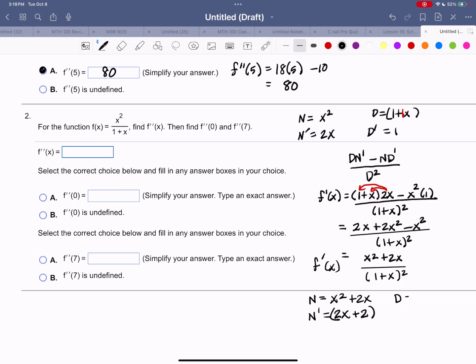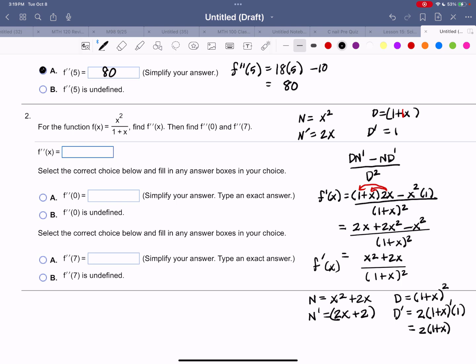My denominator is 1 plus x squared, and the derivative of that is the power times the base, the power minus 1, and the derivative of that base is a 1. Okay, I'll go ahead and do the chain rule, but I don't really have to. So it is 2 times 1 plus x. Now I have to assemble this.